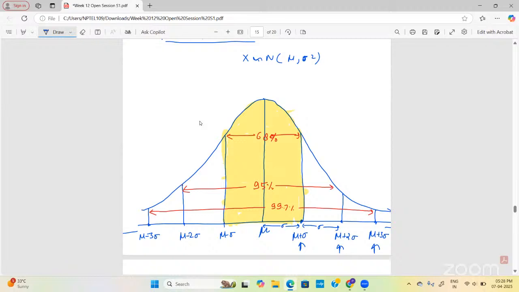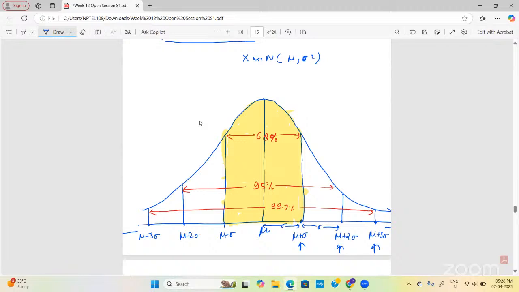That's why we don't say that it covers 100%, but these are negligible. So we assume that within three standard deviations away from the mean, approximately 99.7% of the data points lie.